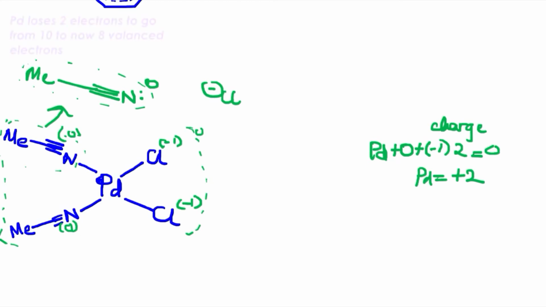So palladium loses 2 electrons, therefore it's going from 10 electrons down to 8 electrons.